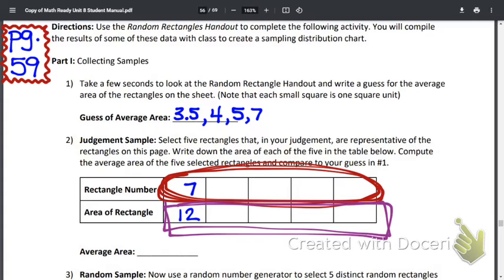Leave it at 8.6. That'd be fine. Thank you. You write the number on your dot, and then you'll go put it on the one that says judgment sample. Yep, good job.